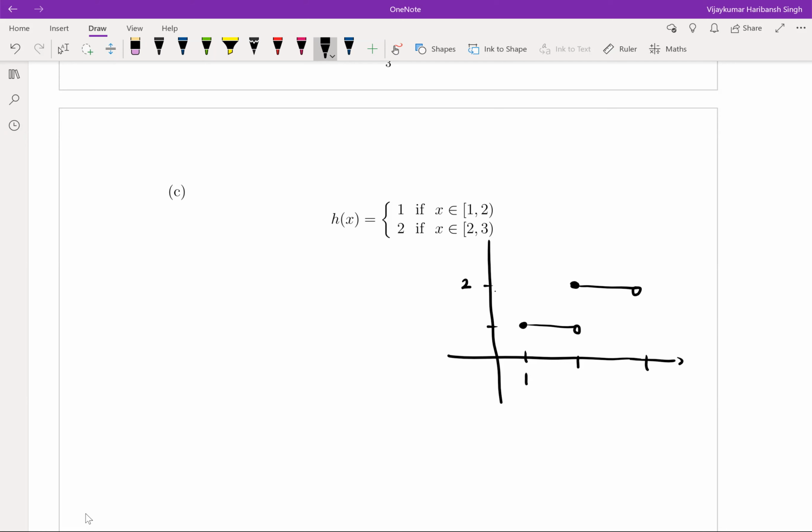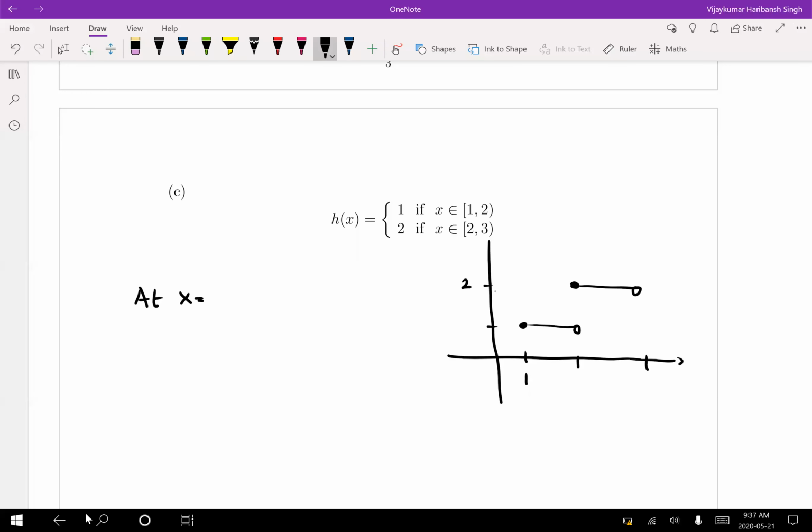Now let's see. What is happening around this function? So where is this function discontinuous? So at x equals 2, notice that the function is defined in an open interval containing 2, right? However, what is the limit as x goes to 2 plus?